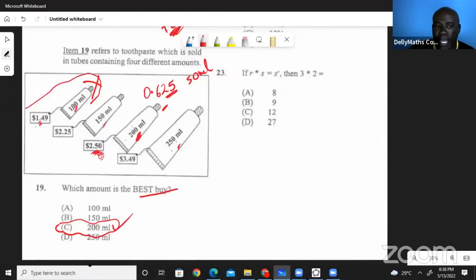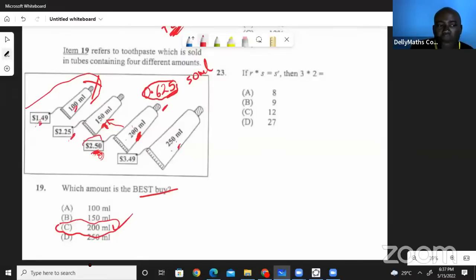So if I take off 50 and go to 150, I'm thinking about subtracting 60 cents from this amount, or adding 60 cents to this, and if it's not matching up, then this is more expensive, because this is giving me 50 milliliters for 62.5 cents. That's what it is doing.